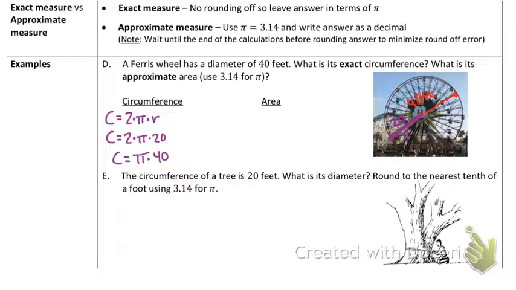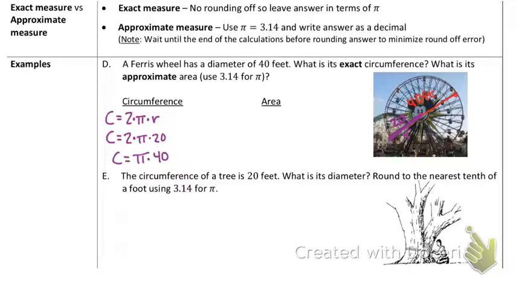And here's the thing. If you look at the question, we want the exact circumference. So if you look, exact means we are not using decimals. We're going to leave our answer in pi form, which means C, or our circumference, is going to be 40 times pi, or pi times 40.